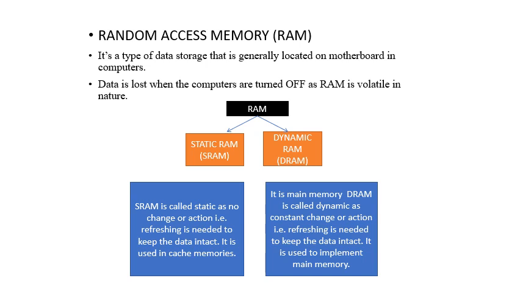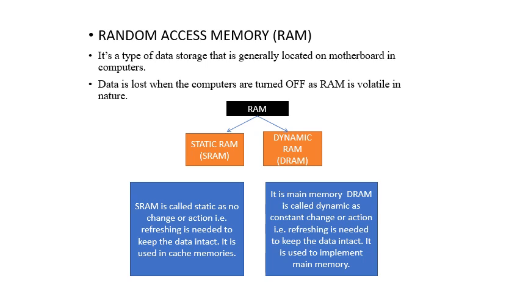We must know this because you may get confused between volatile and non-volatile. Let me just clear it once again. Volatile is a temporary sort of memory. The data is lost when the computer is turned off. And the location of this random access memory is on the motherboard of the computer. That is the first internal component that we have seen, that is motherboard.